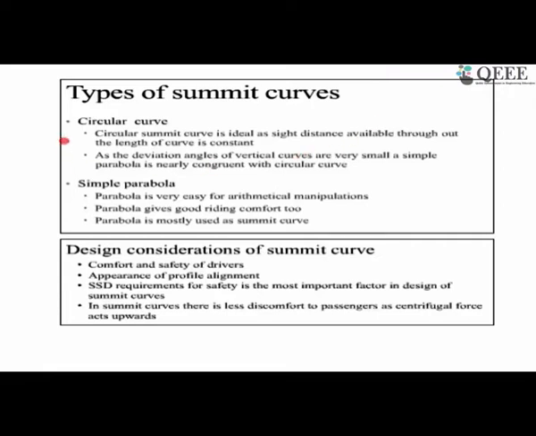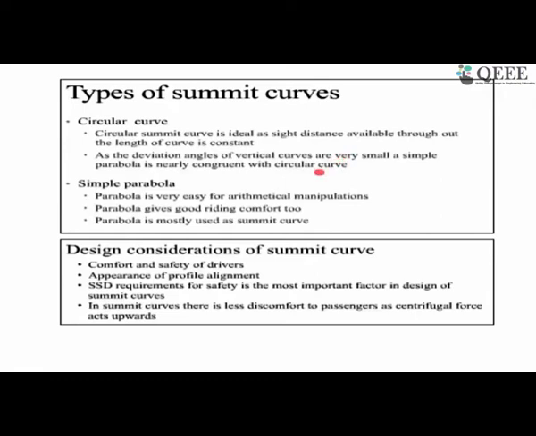So one is that ideally a circular curve is good because for a circle we know its constant radius, and therefore the sight distance available is going to remain constant throughout the curve section. Apart from that, the deviation angle of vertical curves is going to remain almost constant along the circular curve.